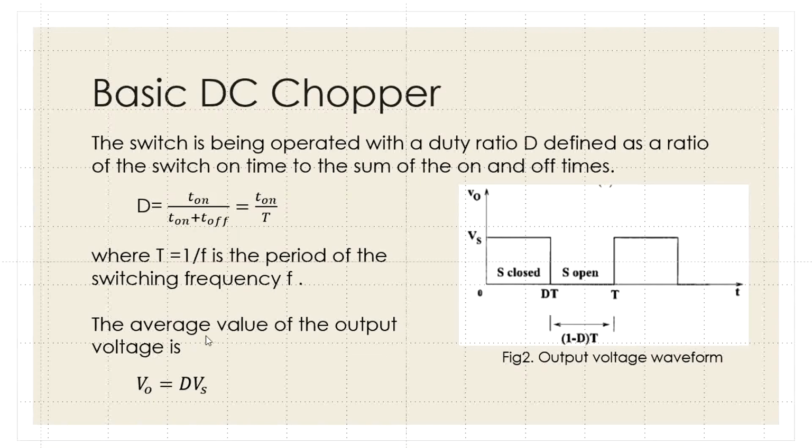The average value of the output voltage, V naught, is equal to the duty cycle multiplied by Vs. As you can see just now, D is, if you see the example, 0.5 or 50%, or 0.1, 10%. So by using the switch, you can actually reduce the output voltage.